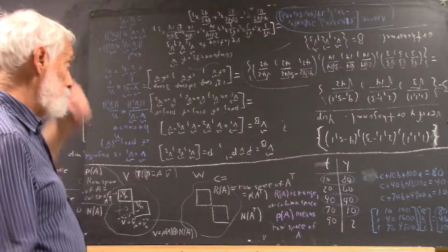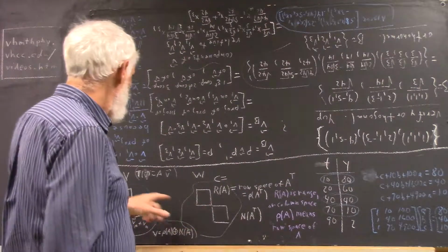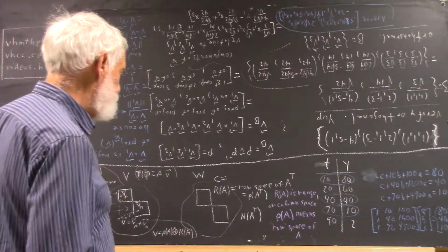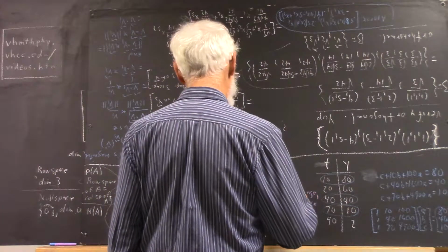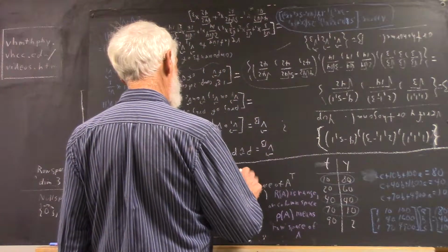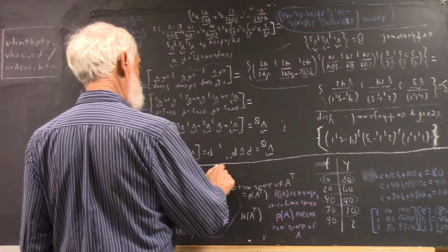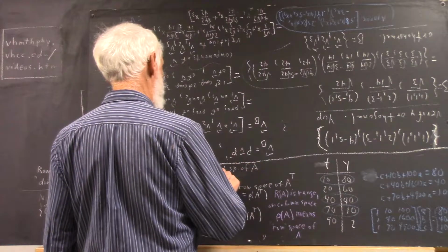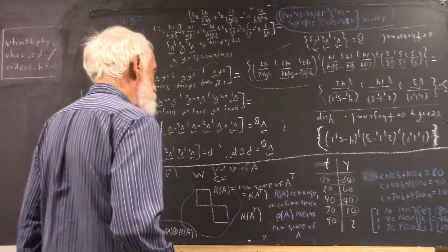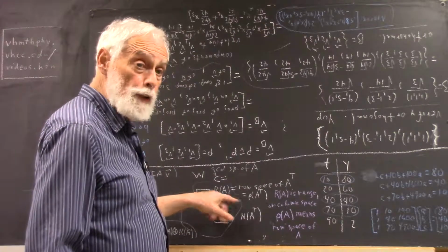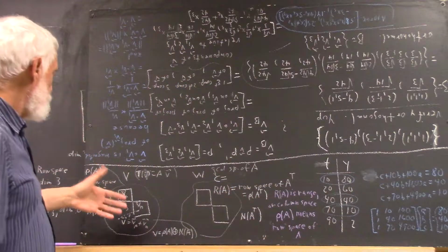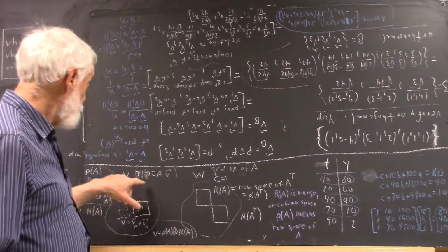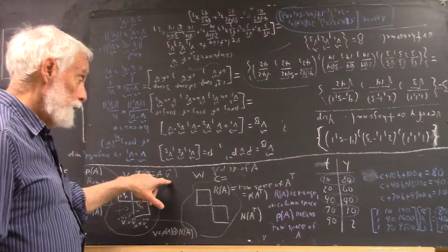Over here in W, we have R of A, which we say is the range or column space. So this equals the column space of the matrix A, which is R of A, the range of A, the set of all vectors you get when you map all the vectors using the transformation T of v equals Av.